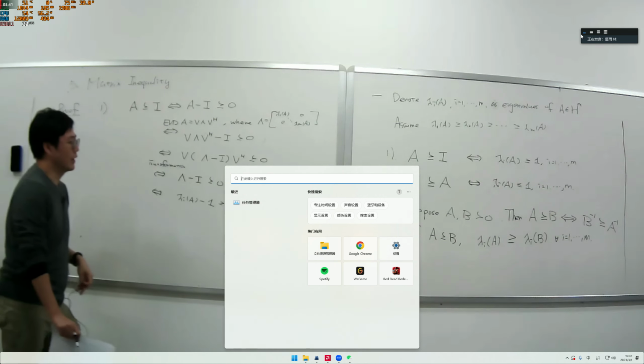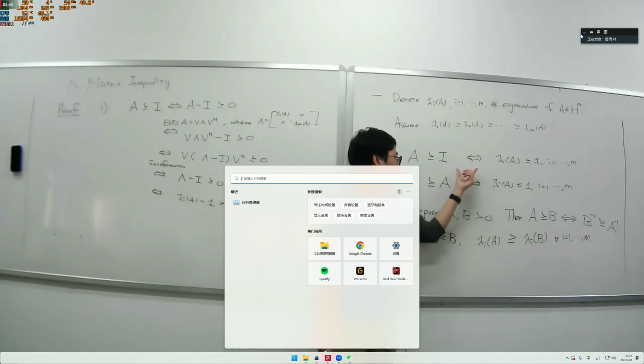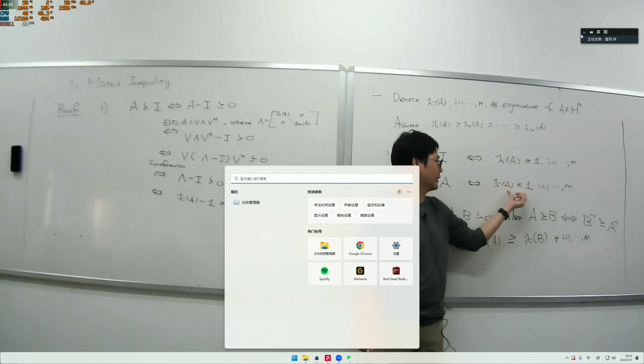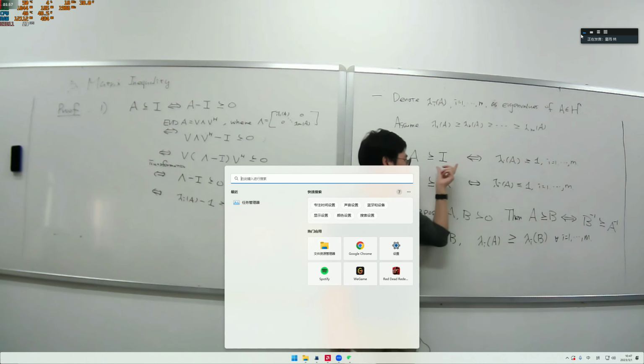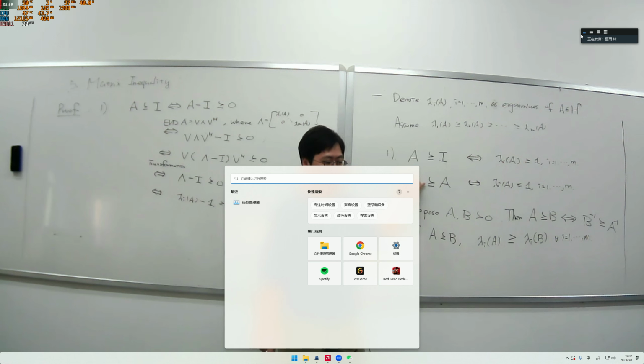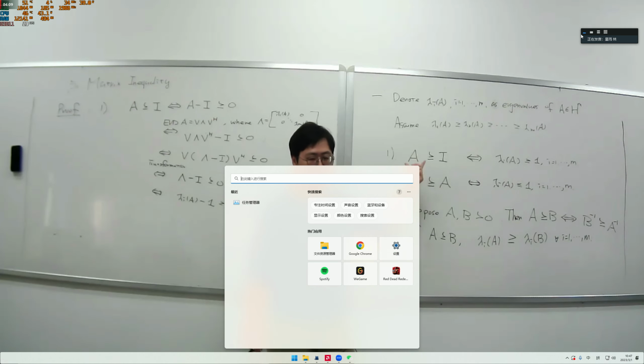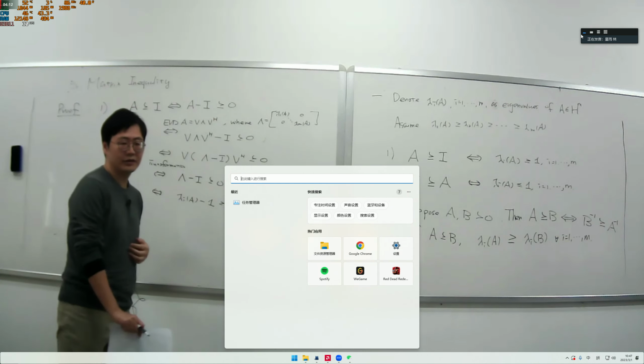So in some optimization or engineering problems, you might have constraints on the eigenvalues. Then this gives us an alternative expression, to express these constraints on eigenvalues using matrix inequalities.